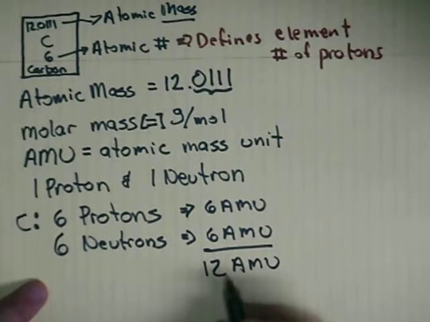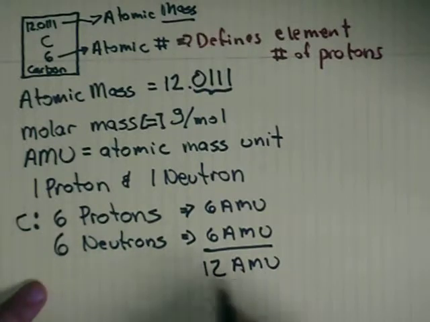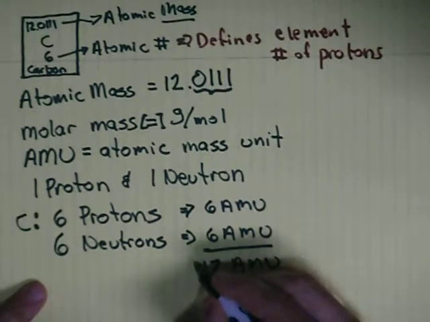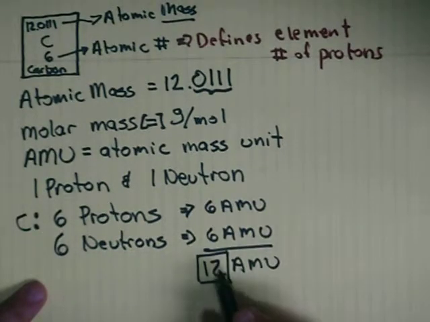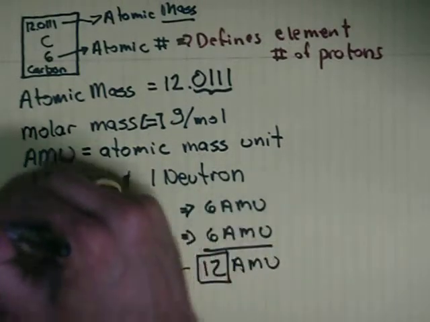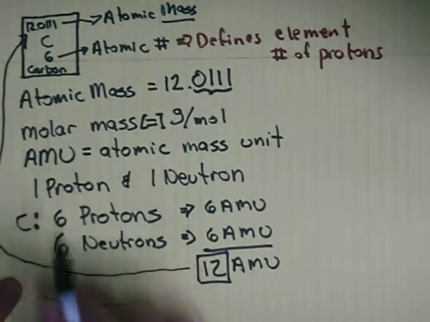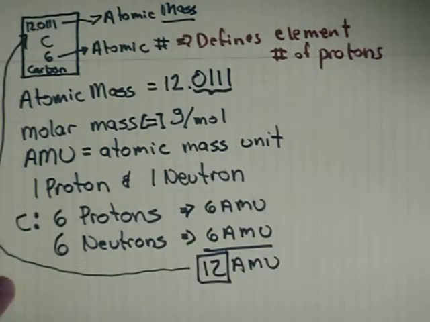So you would say that the atomic mass of that specific carbon atom is 12. So this 12 we see is just about the same as that atomic mass, 12.011. So this will then lead us into talking a little bit about isotopes.